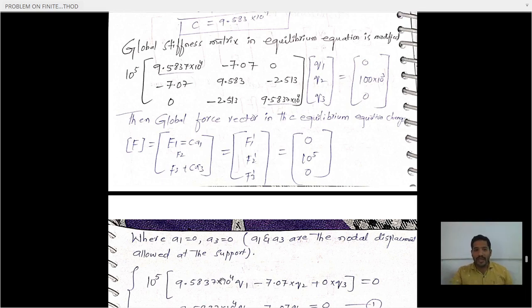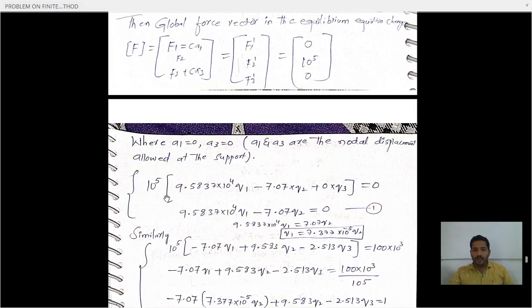Clear? After that, what do we have to do? This is 10 power of 5 as it is. Then 9.583 into 10 power of 4, you need to multiply by Q1, minus 7.07 into Q2. Again this row into this column, 0 into Q3, equal to 0.